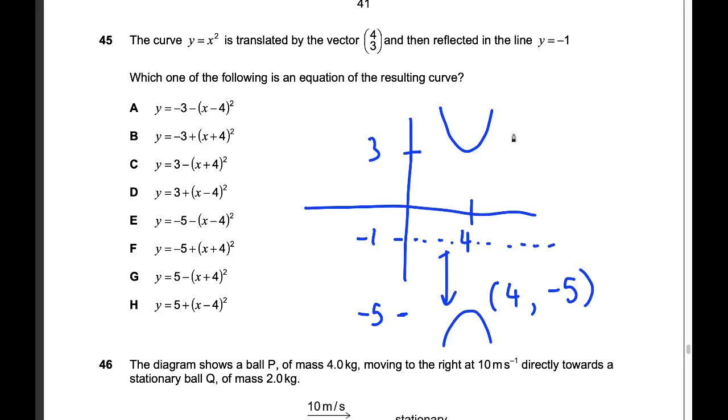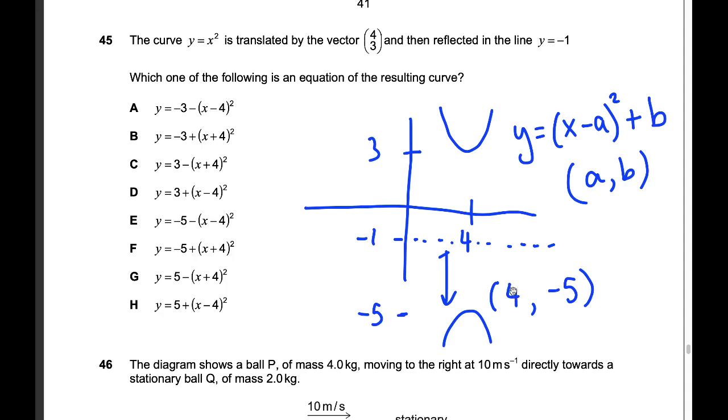The way that usually works is if you have y equals (x minus a) squared plus b, if you complete the square, then your minima is at the position (a, b). x is a, y is b. So we know that we're going to have an x minus 4.